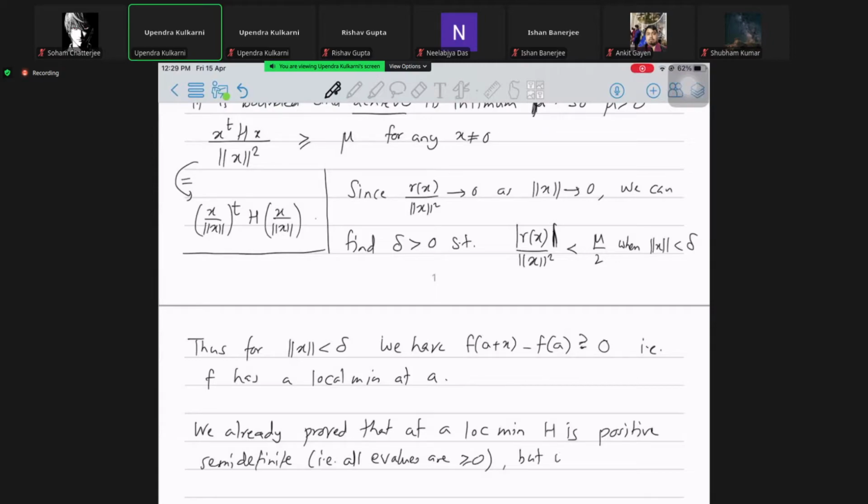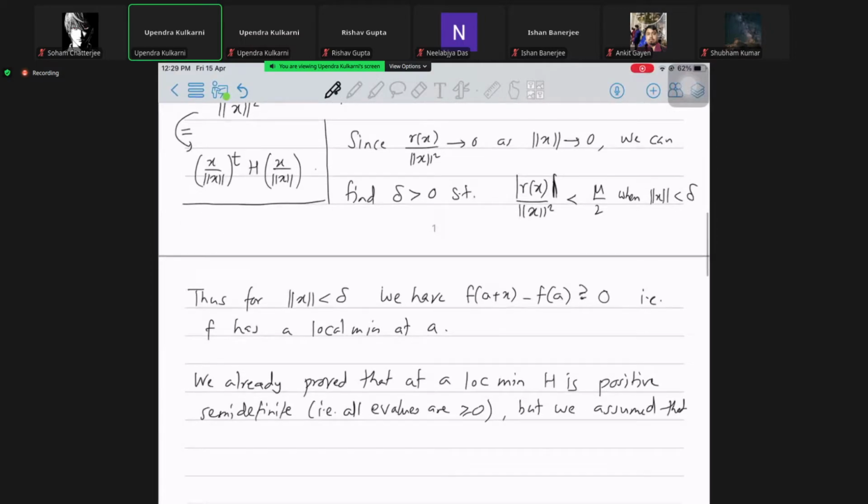But we assumed that H is non-singular. So all eigenvalues are non-zero. Hence, they are all positive.